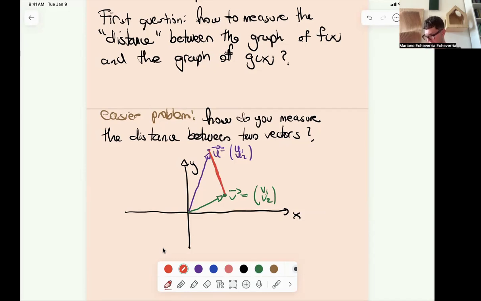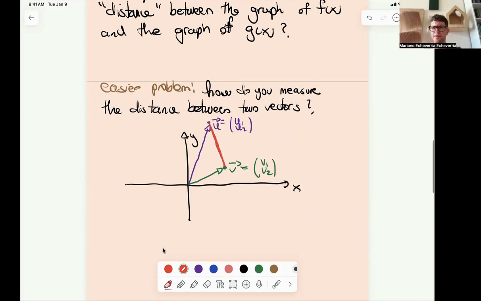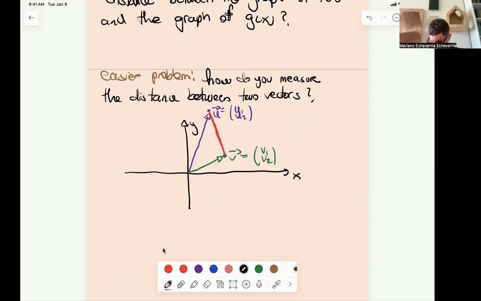And if you remember Pythagoras theorem, let me write it like this for distance. So the way the distance between u and v is defined is just according to Pythagoras, basically.